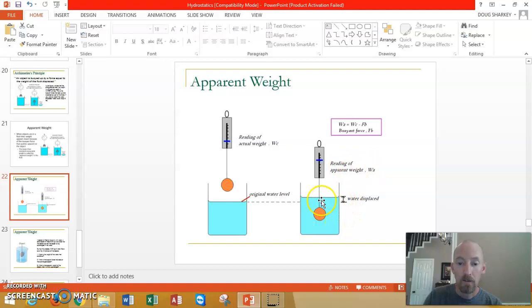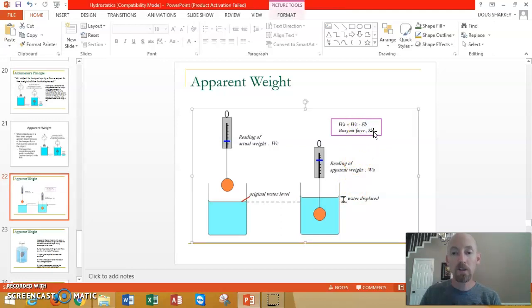And there's a little bit of water that is displaced, because now some of the water has to move aside for this little ball, and that amount of water is the volume that thing takes up. And that buoyant force, that upward force, is what is creating this illusion that it's lost weight.